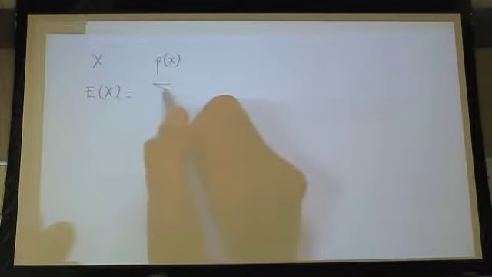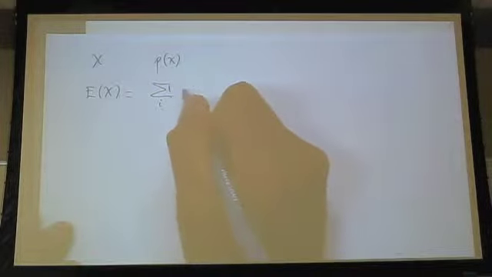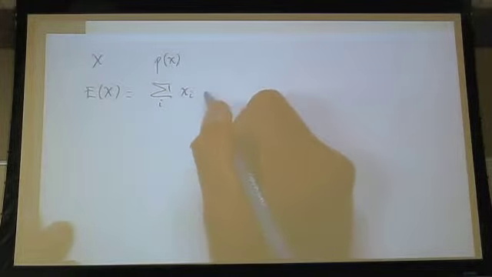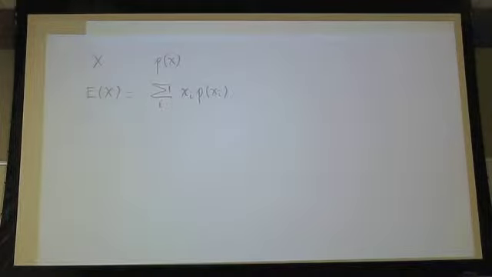I'm going to sum over i of x_i times p of x_i. For a discrete random variable, I'm going to define it like that.